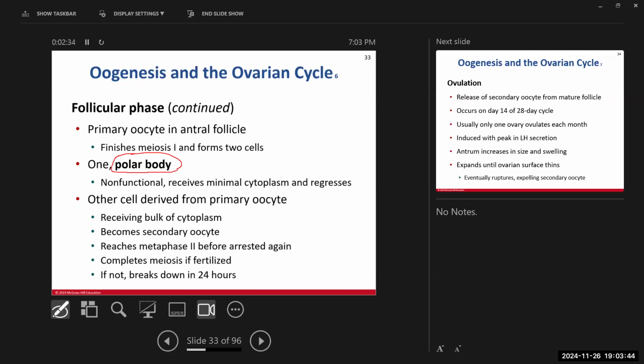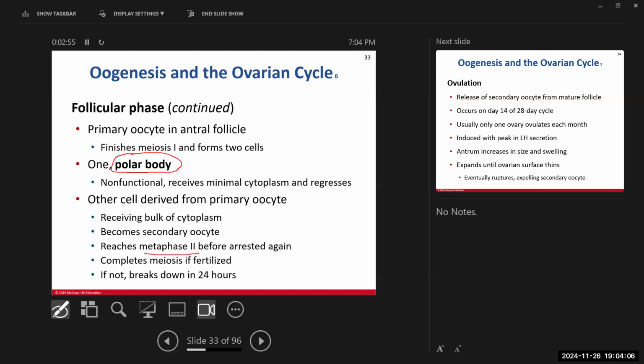So your second cell, as you go from that primary oocyte to the secondary oocyte, is going to get all the good stuff. That's the Arnold Schwarzenegger. That's the one that gets stuck in metaphase 2. This is the one that is hopefully going to be fertilized.